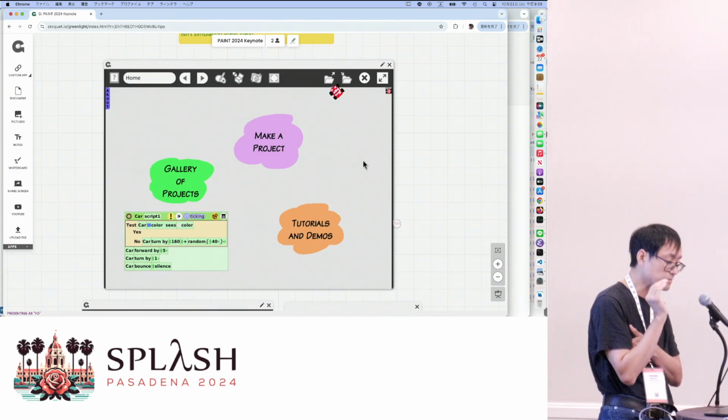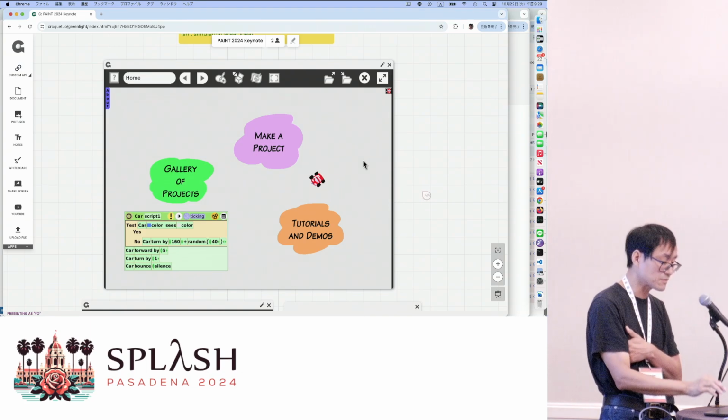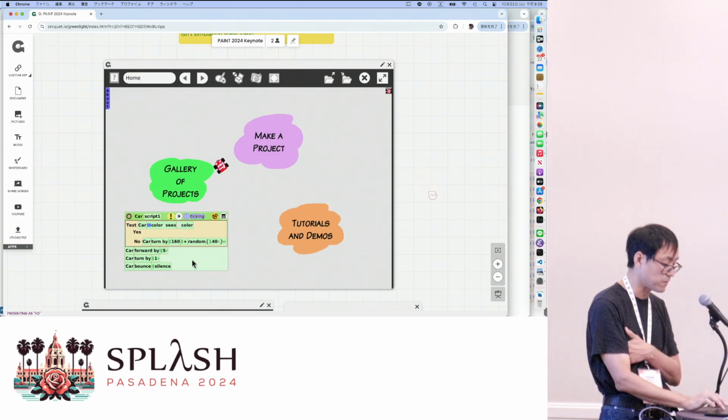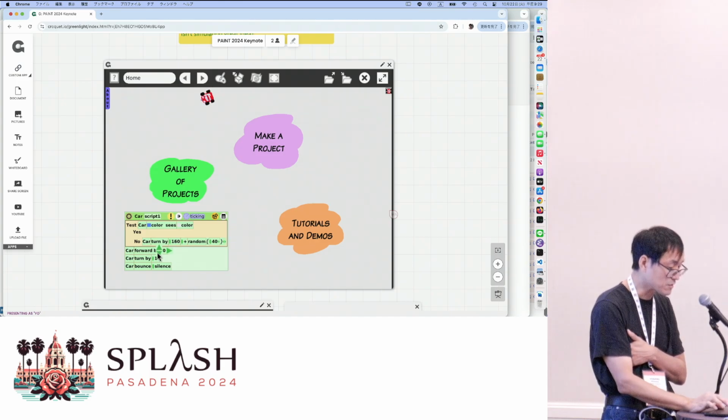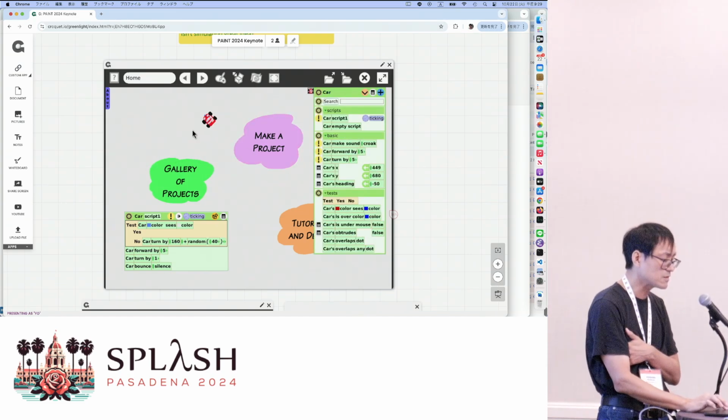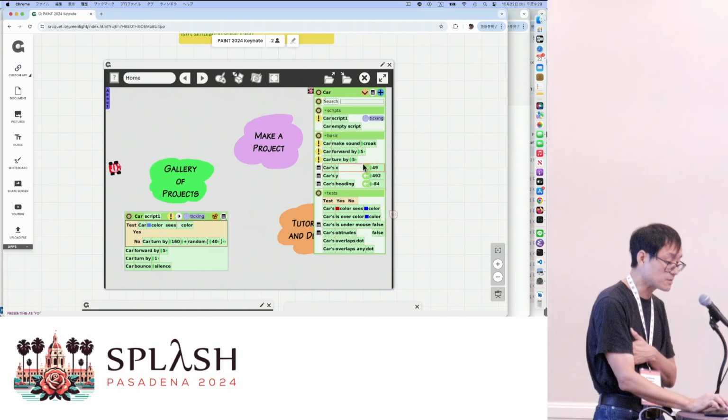This is basically a graphical blocks-based authoring system. And this car is following this script, so forward by 5 and turn by a little bit. I can change the script, make the forward step different. But also you can look inside of the car. This is the graphical representation of the car, and this is the symbolic representation of the car.